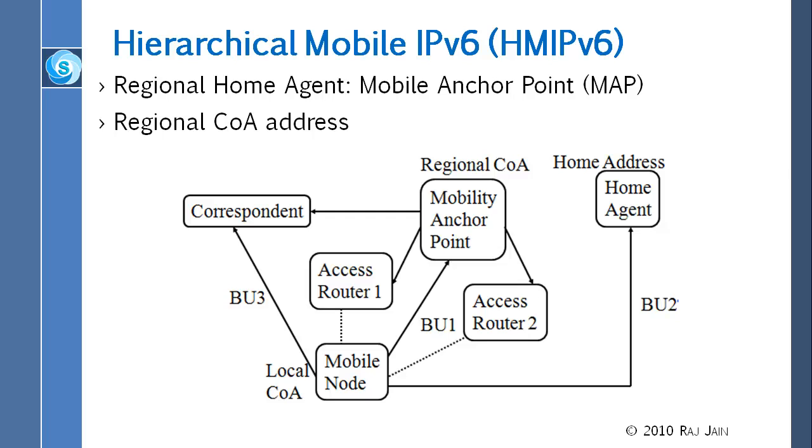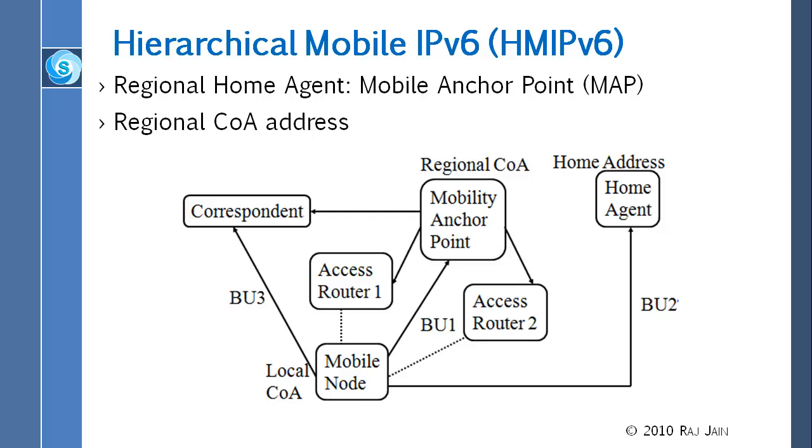It tells the agent locally that I am here. So this is the binding update 1, BU1. Then it also tells the home agent. All right. Now you will have a triangle, and it can also tell the binding update to the correspondent.